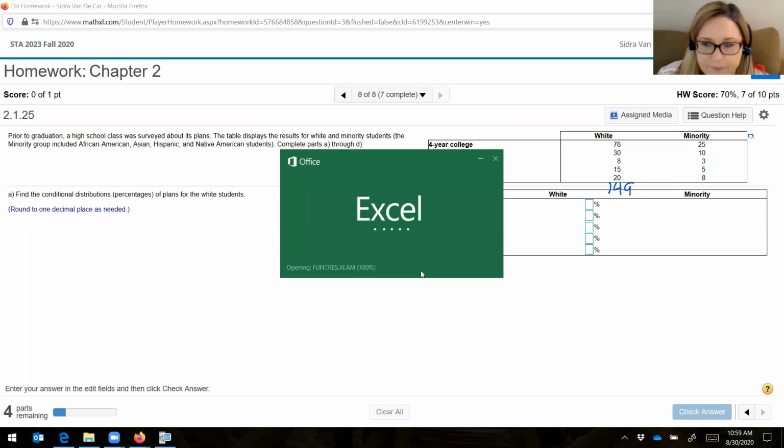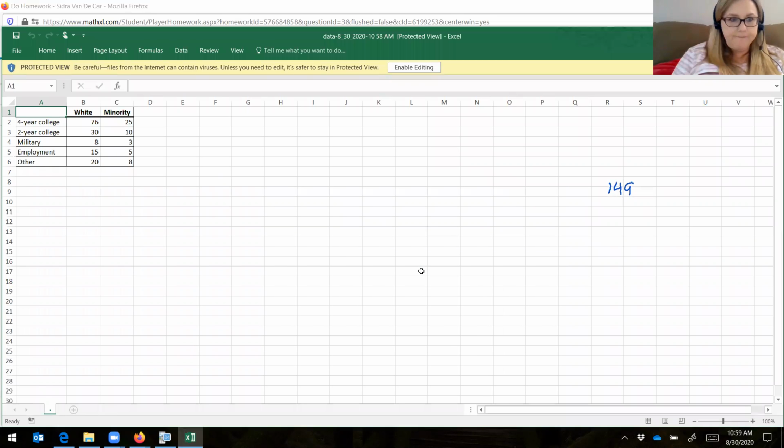And I'll teach you guys a little bit about how to use Excel at the same time. So now notice that I can just go equals sum. Enable editing.